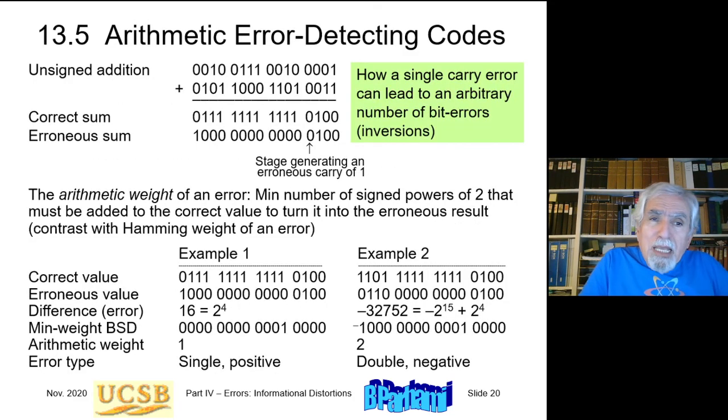Okay, the next idea is that of arithmetic error detecting codes. These are error detecting codes that are particularly suited to arithmetic operations. First of all, arithmetic operations are different with respect to errors compared with just regular words.